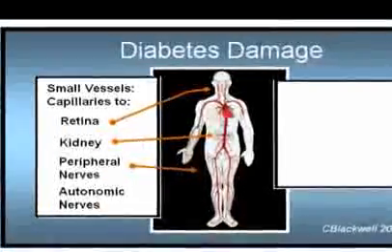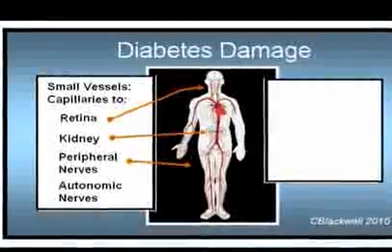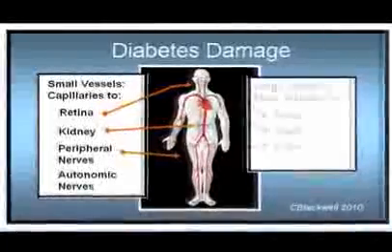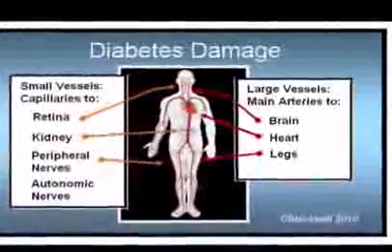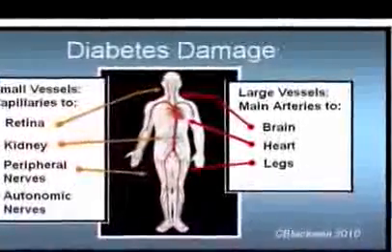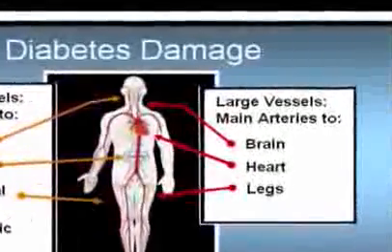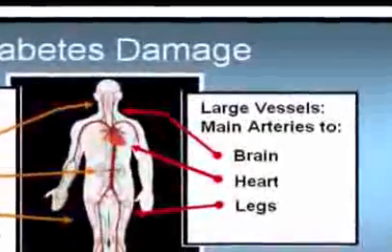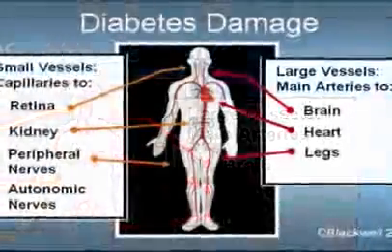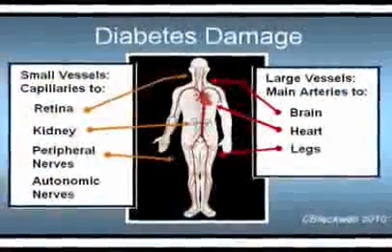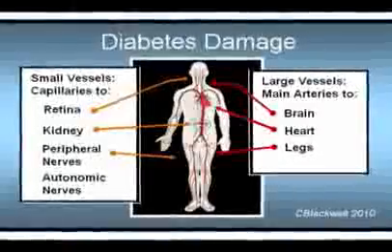Regarding the retina, diabetes is the leading cause of blindness between ages 20 and 70. Diabetes also causes atherosclerosis, thereby damaging and narrowing large blood vessels. That causes a significant increase in stroke, heart attack, and peripheral vascular disease. The general concepts of damage in diabetes are covered in more detail in the video segment on diabetes.